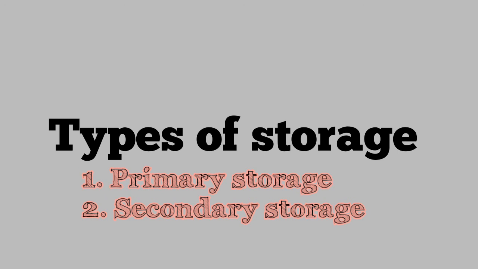Primary storage unit contains two types, RAM and ROM. RAM contains all the data and instruction before processing, during processing and after processing, and ROM contains the permanent instructions that cannot be deleted, that cannot be changed.